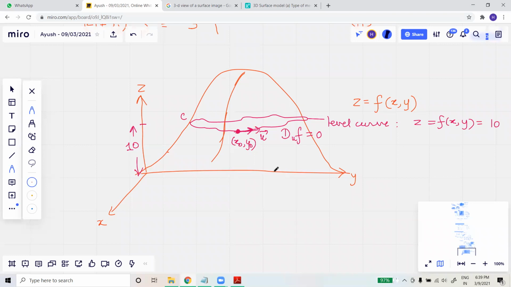So basically, the tangent is horizontal. The curve is horizontal, tangent to it will be horizontal as well. If you were to go in that direction, you would be going up, so the derivative along that u would not have been 0, but along this u it is 0.